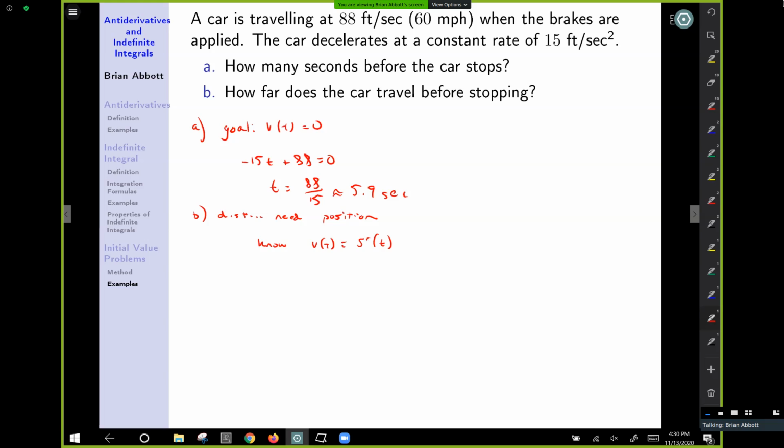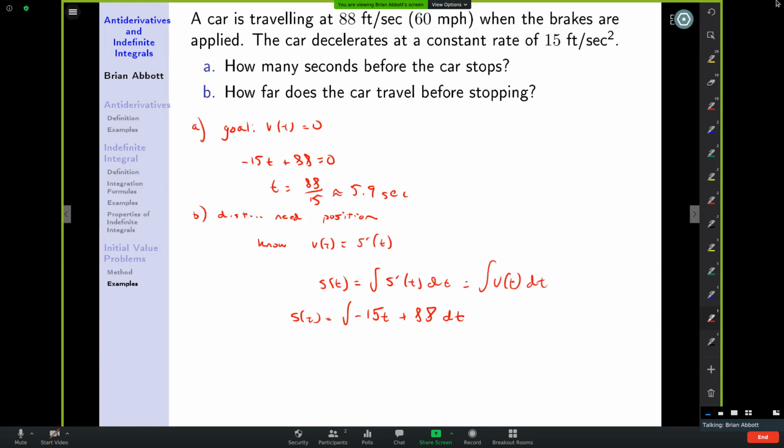So our key idea here is that to find the position function, we can integrate the derivative of the position function, which in this case is really just our velocity function. And so our position function is going to be the result of the integral of negative 15t plus 88, my velocity function, with respect to t.